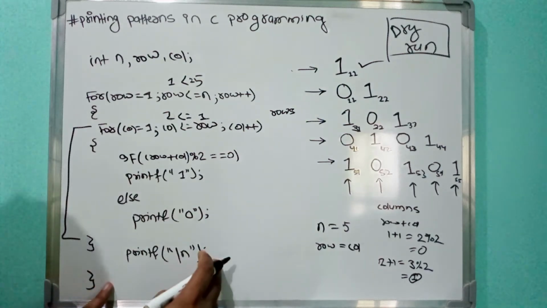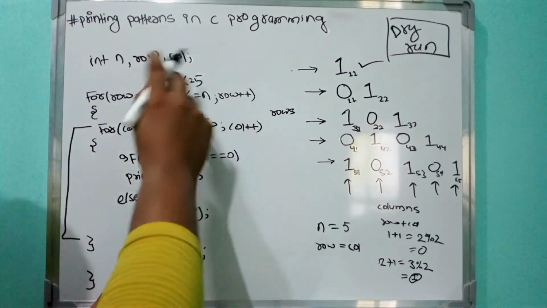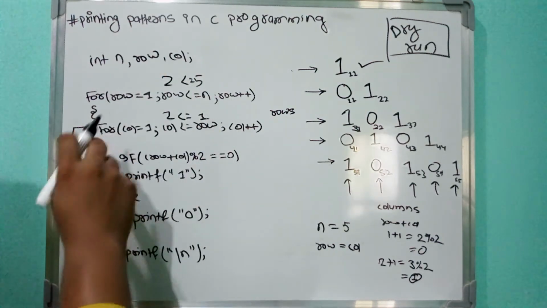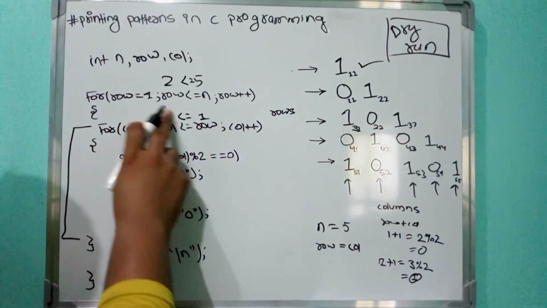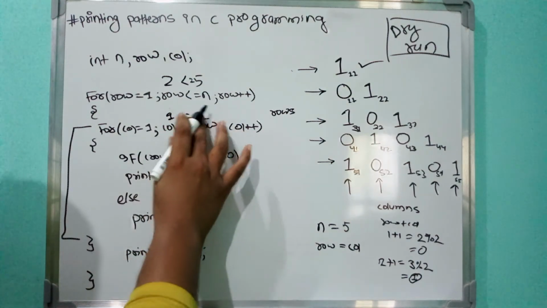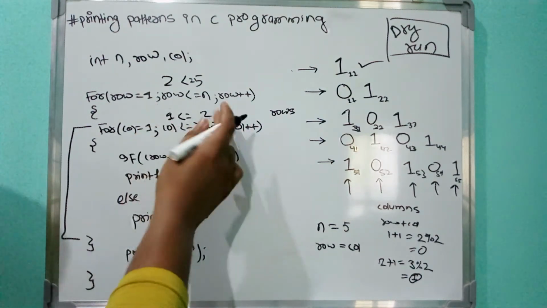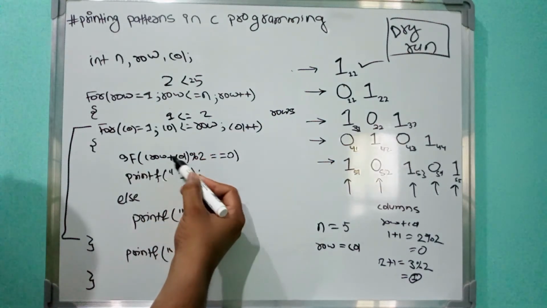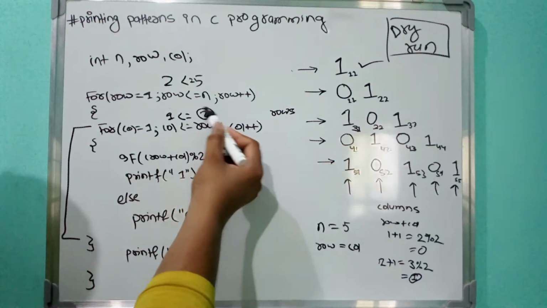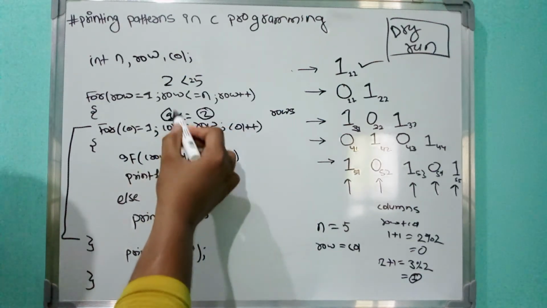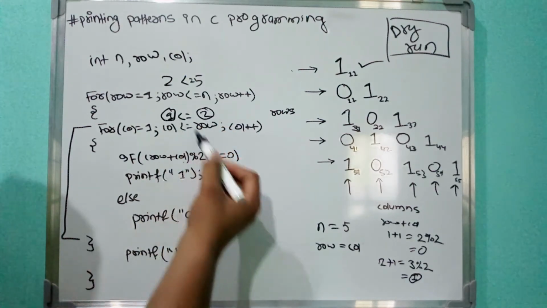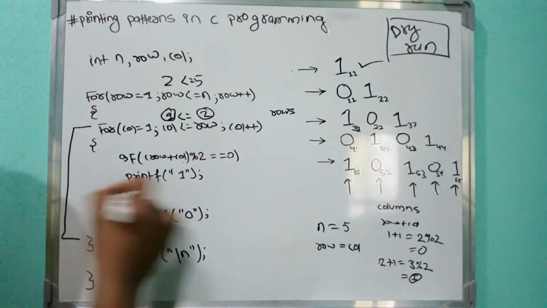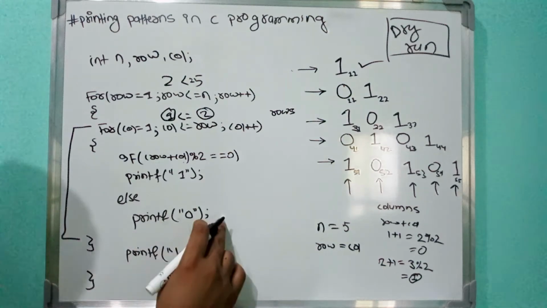After changing the new line, row is increased to 2, so again 2 is less than or equal to 5. Then column will again be 1 and row will be 2, 1 is less than or equal to 2, and the condition holds true. So row plus column, the current row value is 2 and the current column value is 1, so 2 plus 1 is 3, and 3 remainder 2 is not equal to 0, so it will print 0.